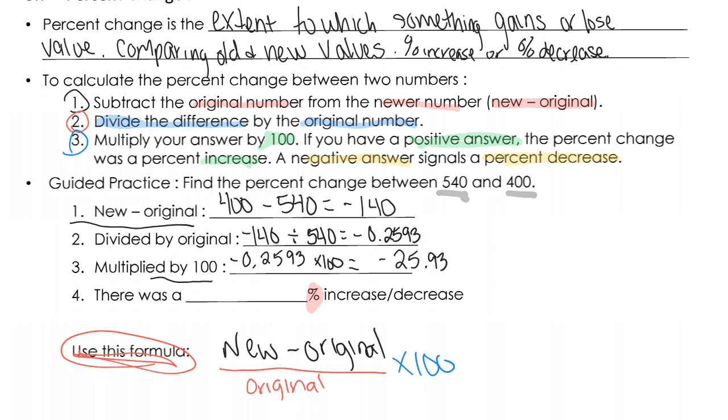We always write it as a positive number, so 25.93%, but because we had a negative up here, a negative answer means percent decrease. So there was a 25.93% decrease. You're going to want to circle that it's a decrease, because of that negative sign. It's a decrease in value. If it was a positive 25%, that means the value went up.